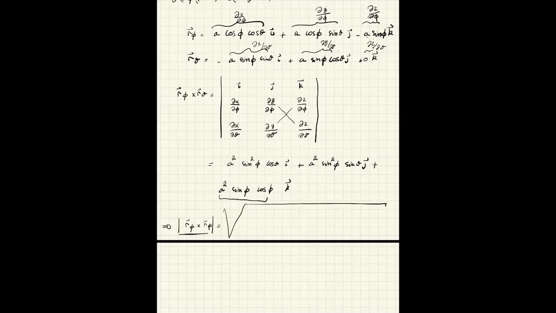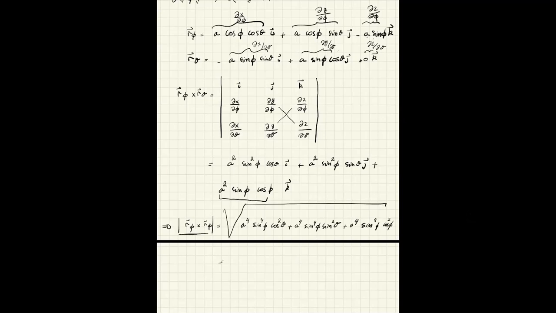So it's the square root of a to the power 4 sine 4 phi cos square theta plus a to the power 4 sine 4 phi sine square theta plus a to the power 4 sine square phi cos square phi.